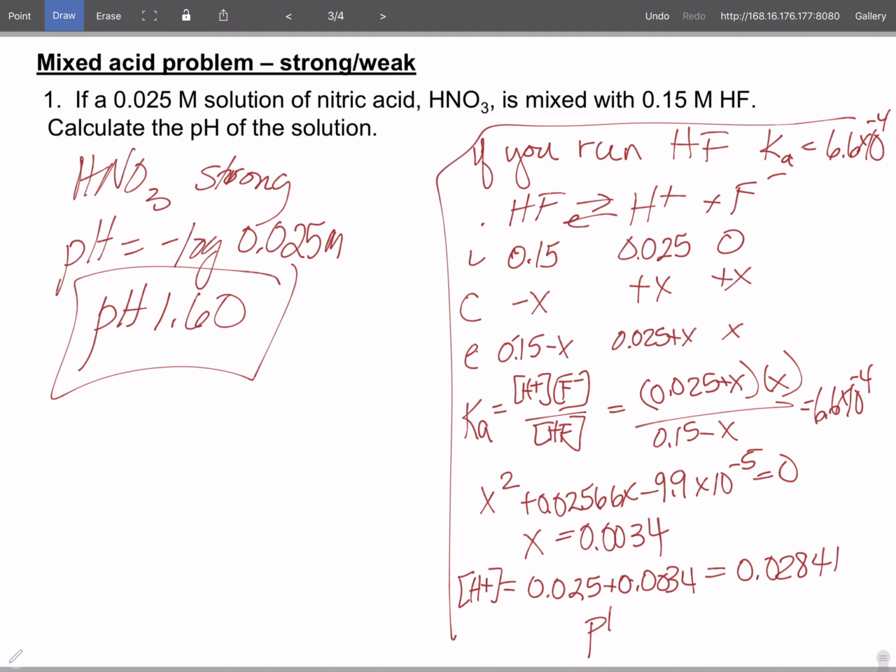So the pH is equal to 1.55. So if you look at the difference, you've dropped a whole 0.05 pH unit by letting it dissociate. Is that worth the work? No. So know that if you have mixtures of a strong and a weak, then the strong will control it.